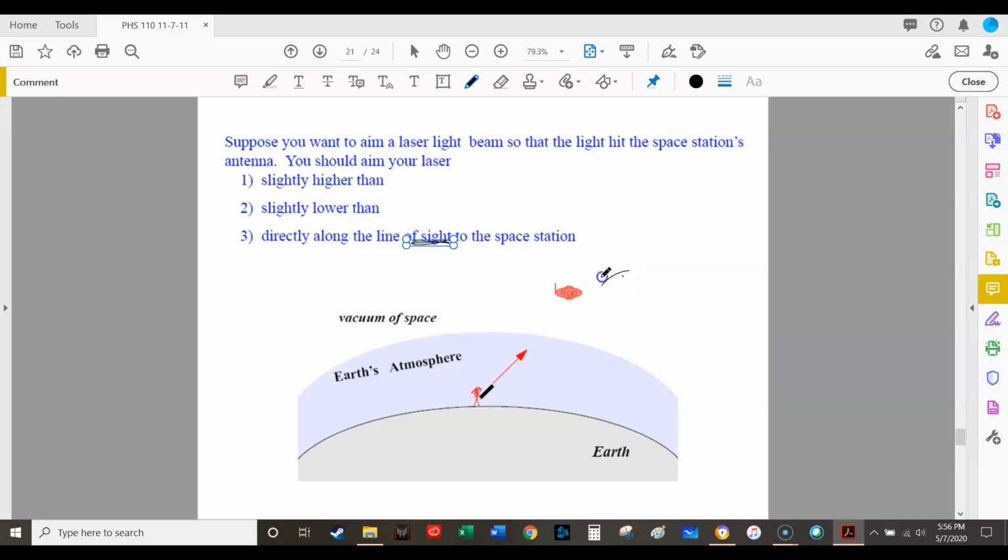So this is the sighted space station, and this is in a vacuum. Okay, so this is a vacuum, and this is air. Air is more dense, so n of air is greater than n of a vacuum, right? So how should it work? Should light bend towards or away from the normal when it comes there? What should you do?